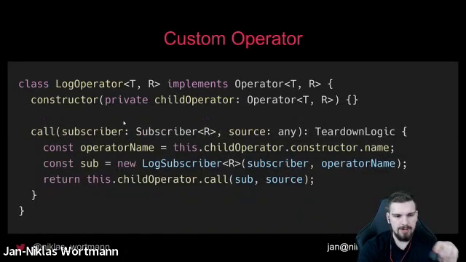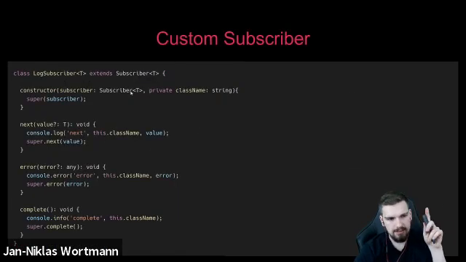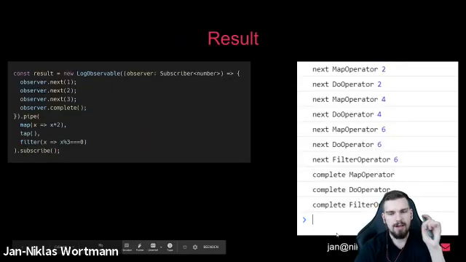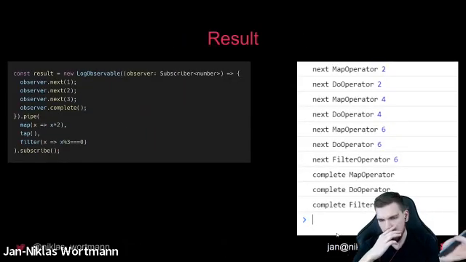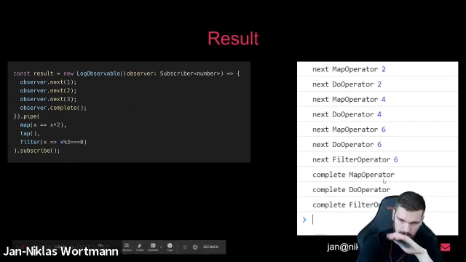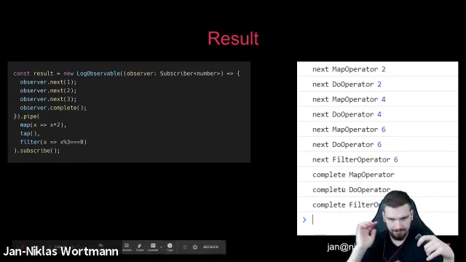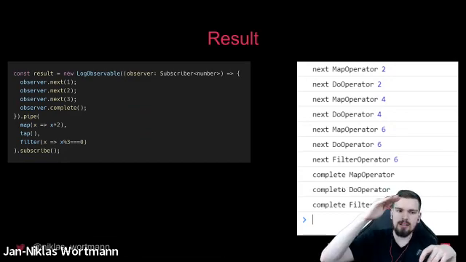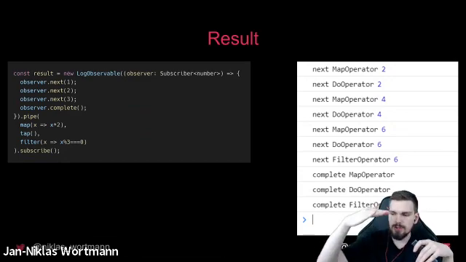If we take a quick look into our log operator, we will see that we create a log subscriber, as we already saw before, and we get the child operator constructor name. By implementing such a log subscriber where we log all the emissions that happen, we end up with something like this, where we apply several operators to our log observable, and we see how each and every operator behaves when next is emitted, when error is emitted, when complete is emitted, and also the order of those operators.